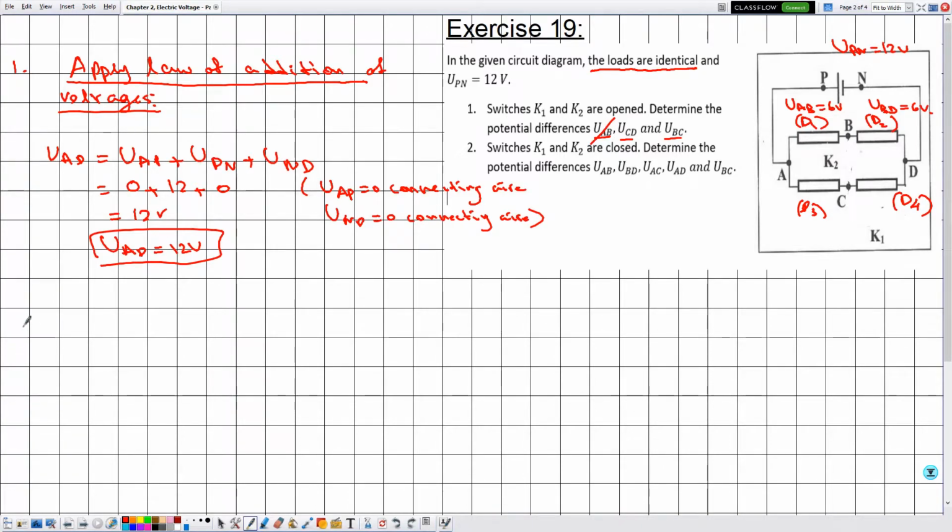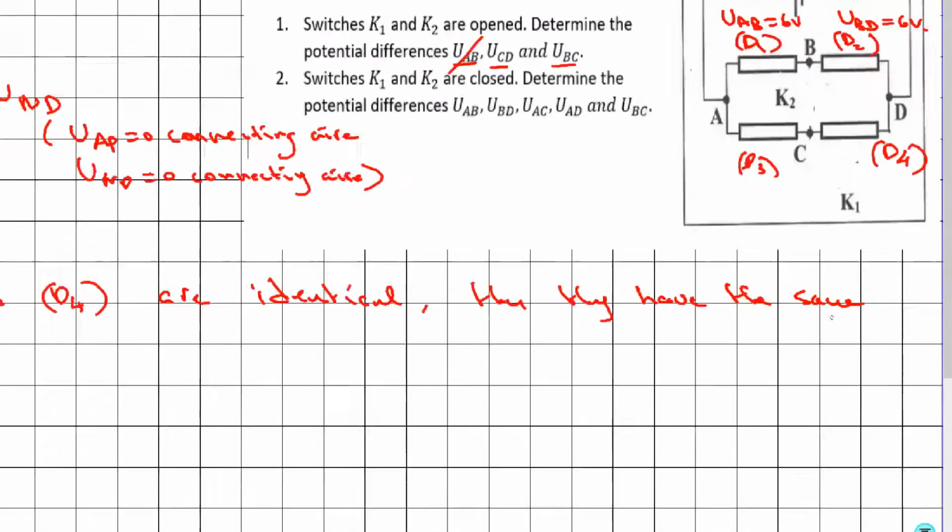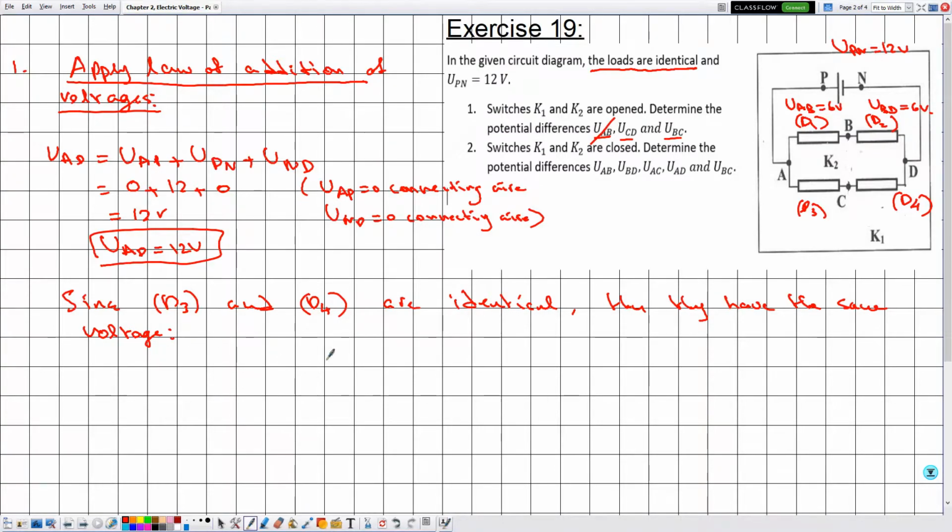And let's say since D3 and D4 are identical, then they have the same voltage. Which means, how can we make use of this statement in the mathematical form?